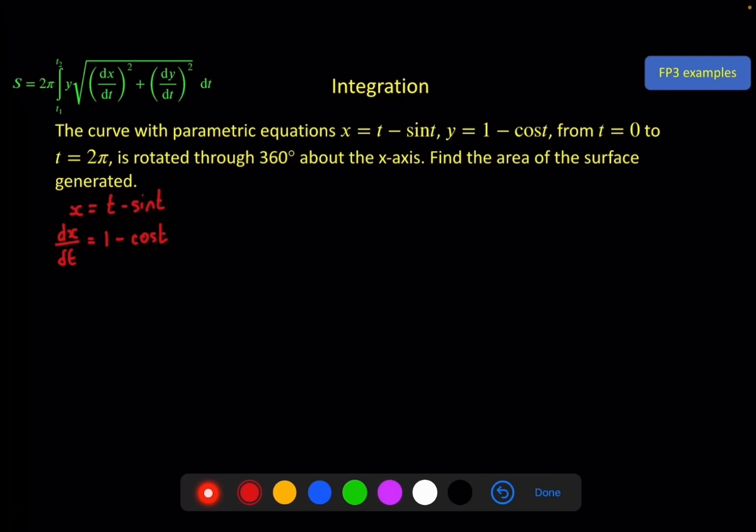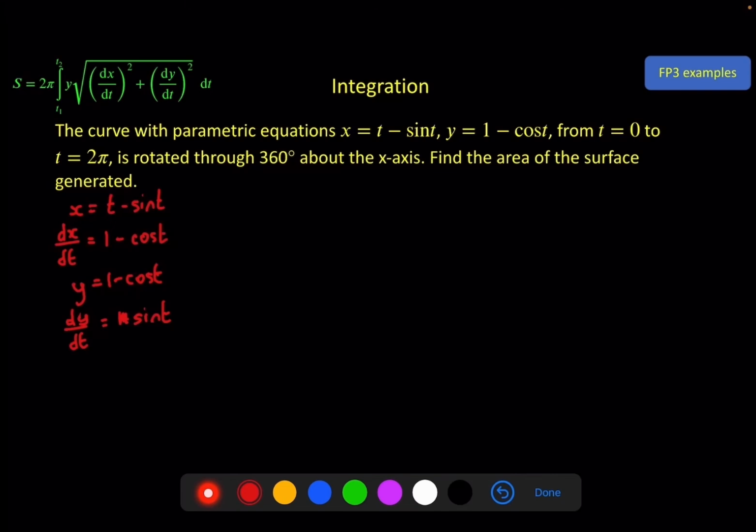For the y, we've got 1 minus cos t, and we differentiate that with respect to t, and we get sine t. Okay, and then we're going to square them both and add them together.